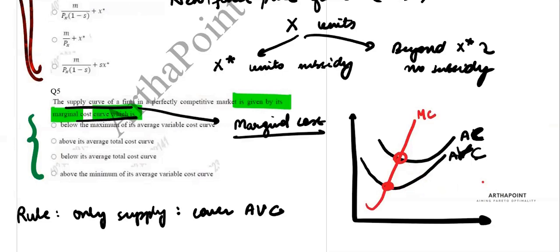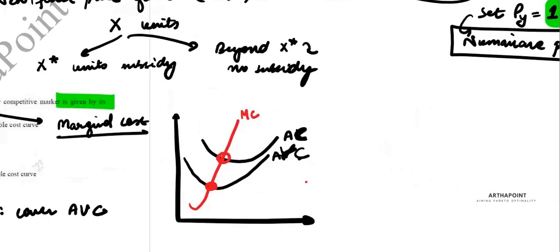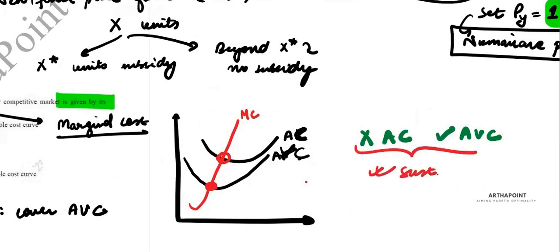minimum variable cost. See, when the firm is not able to cover its average cost, but is able to cover its average variable cost, we say it's fine. The firm will sustain in the long run. Somehow it will manage. But if the firm is not able to cover even its variable cost, let's say the price at which the firm is selling is this, and the variable cost is above the price, then the firm has to shut down.